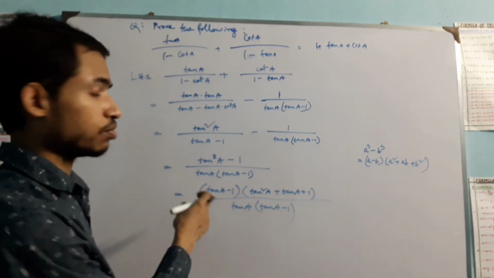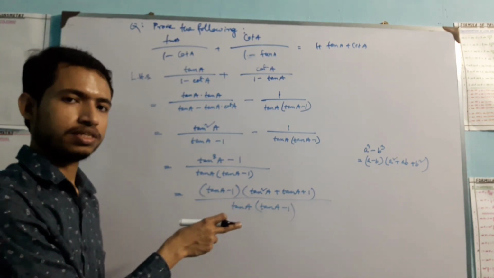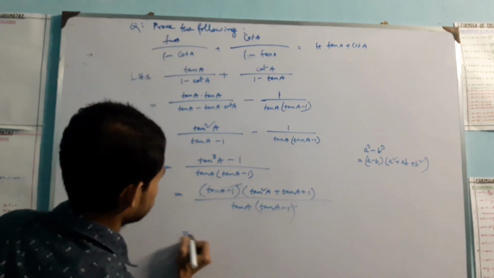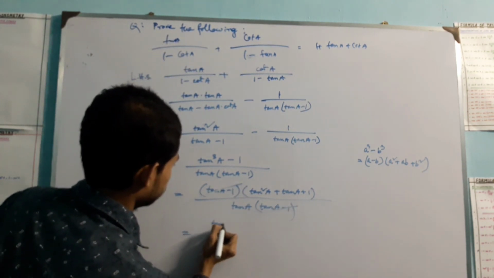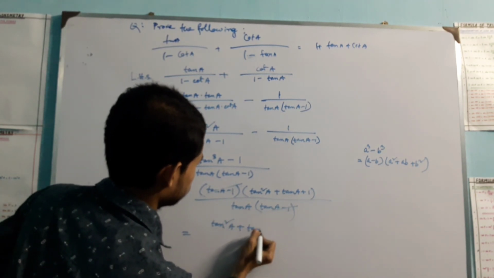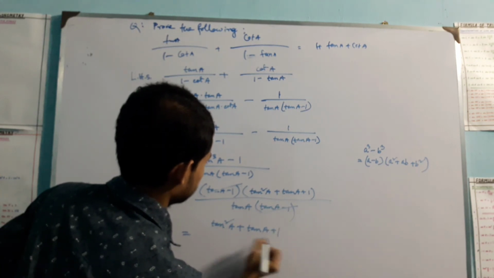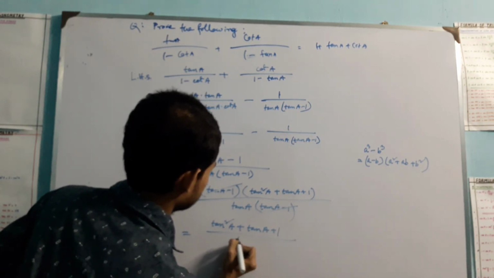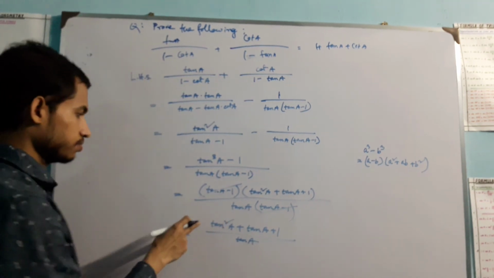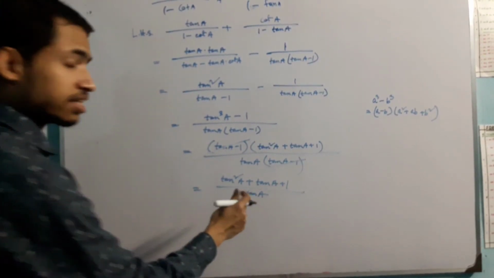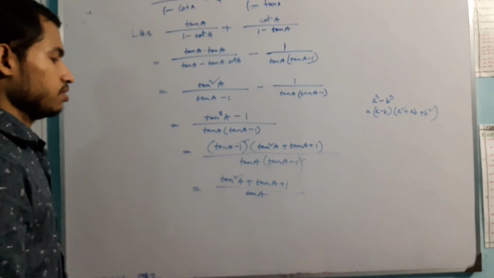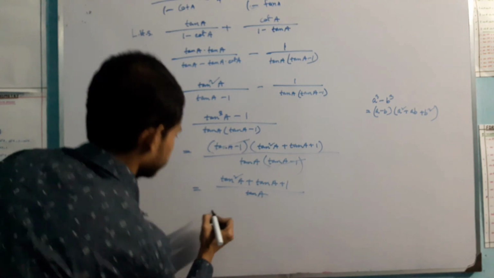Now cancelling out the common terms from the numerator and denominator, we get this. Now we are splitting the terms.